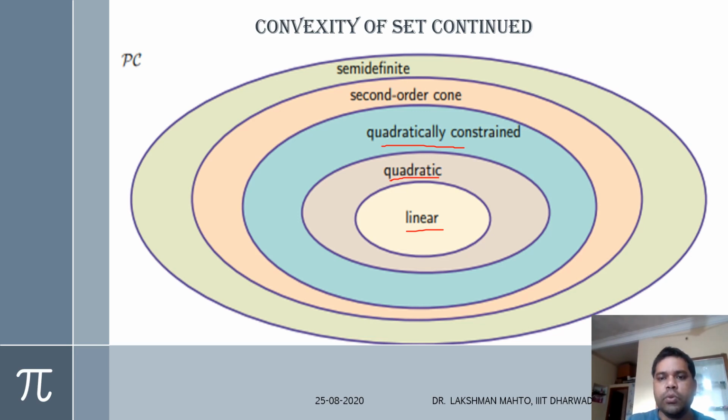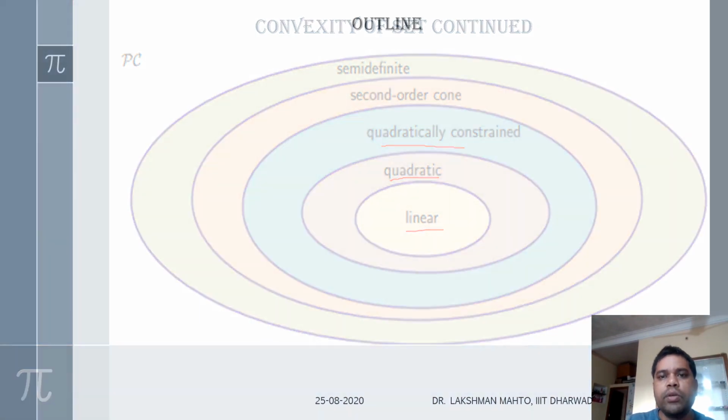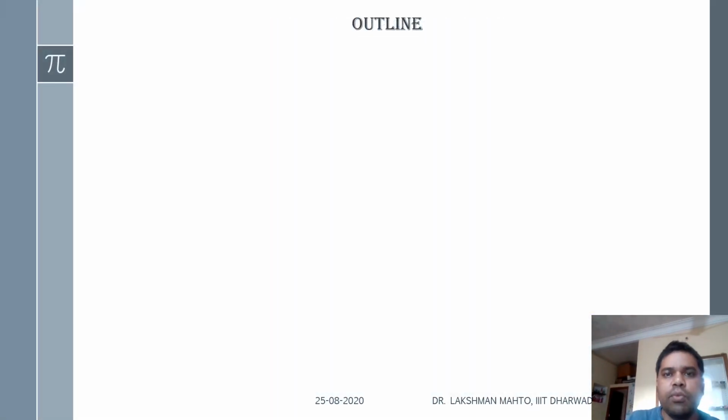So in order to apply a suitable optimization algorithm, we need to know the details about the corresponding optimization problem. That's why first I will discuss convex sets and optimization problems. Then in the later part of this course, I will discuss in detail the algorithmic approach, how to handle an optimization problem.